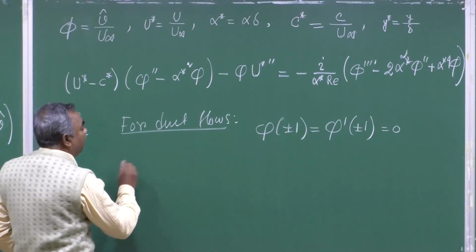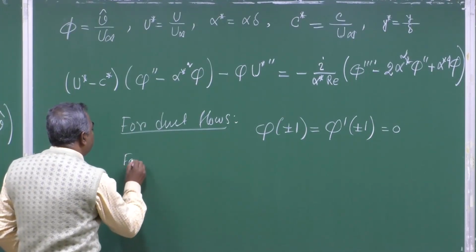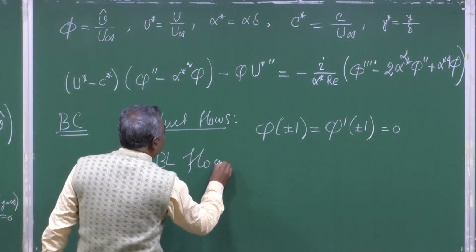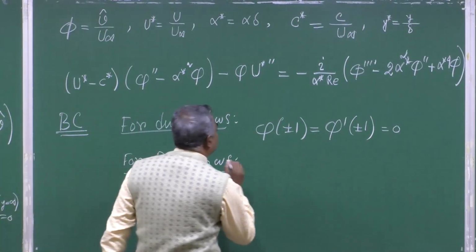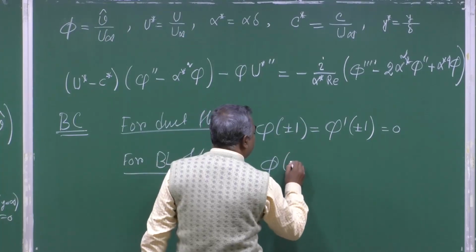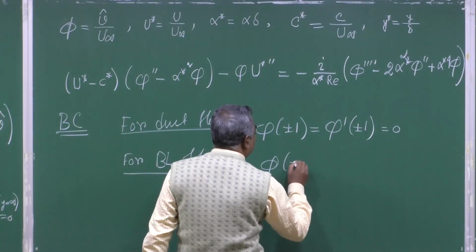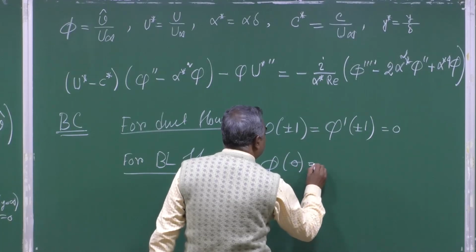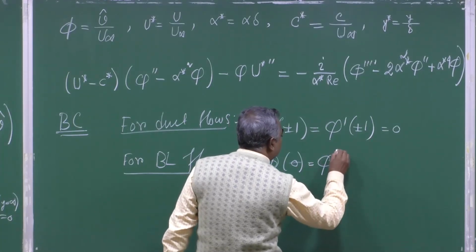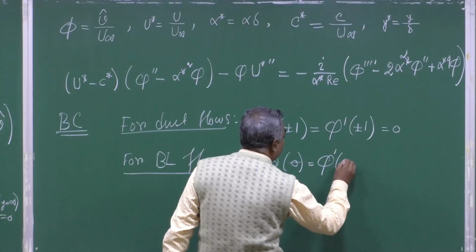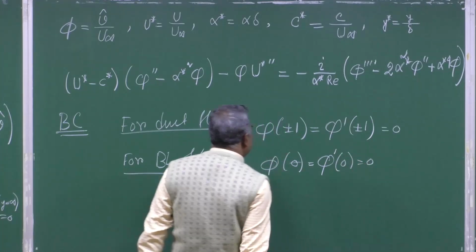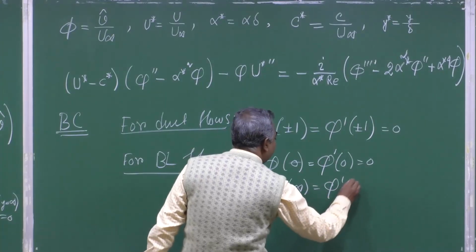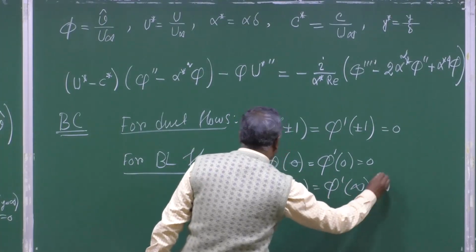For boundary layer flows similarly, once again you can write phi at y equal to 0 and phi prime at y equal to 0 is 0, and phi at infinity, phi prime at infinity is equal to 0.